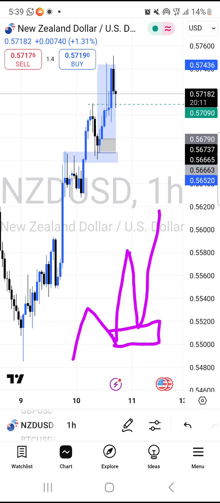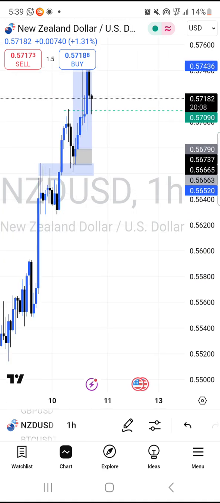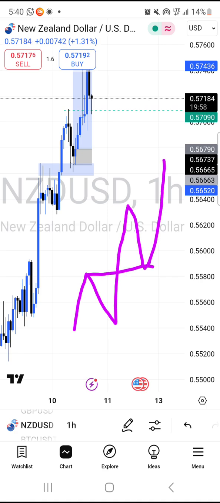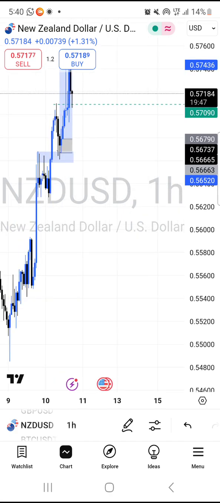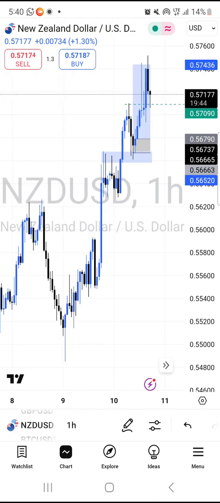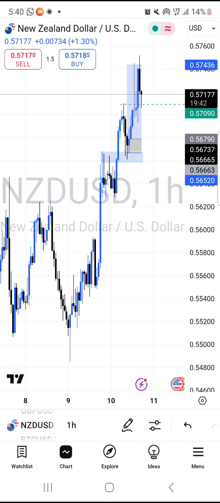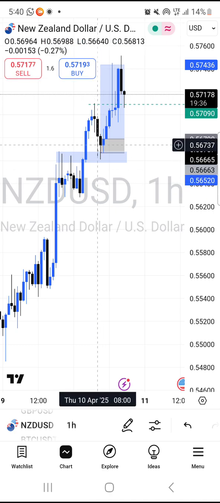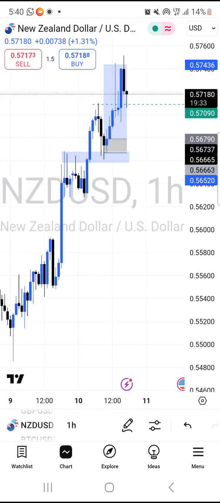And you have your breaker block strategy, where the market breaks, then comes back to the breaker and moves from there. This trade here, I caught it with the breaker and also the candlestick strategy I'm going to teach in the next couple of videos.